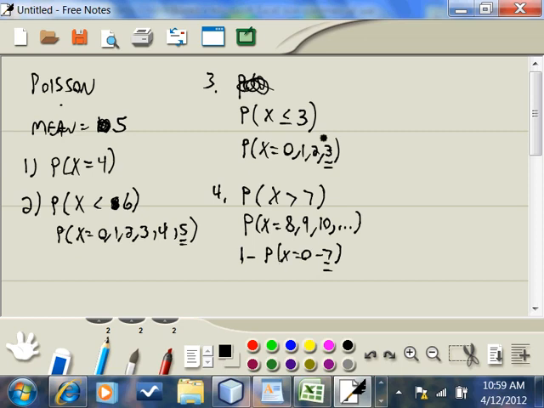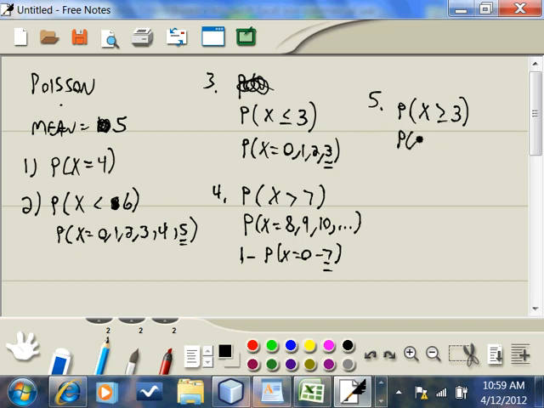Got 2 more cases. Our fifth case is where we have the probability x is greater than or equal to 3. The wording may be such that you have to interpret it. At most is less than or equal to. At least is greater than or equal to.